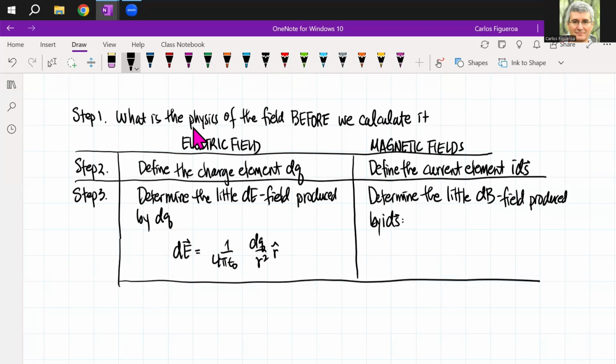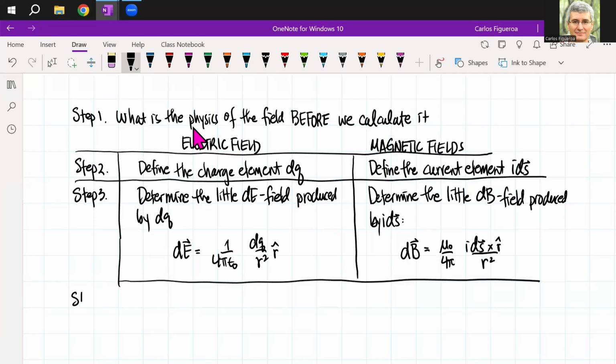So in this situation, we have a tiny magnetic field, where now we're using this relationship here. But it's the same process.